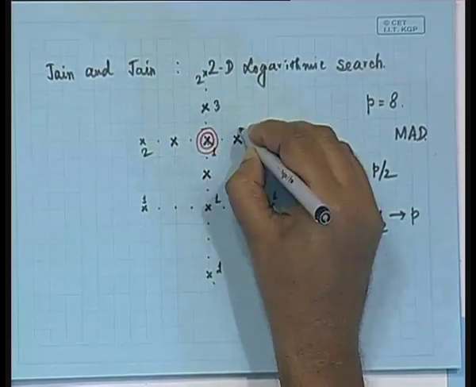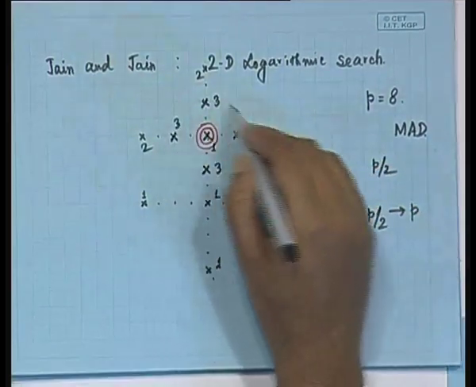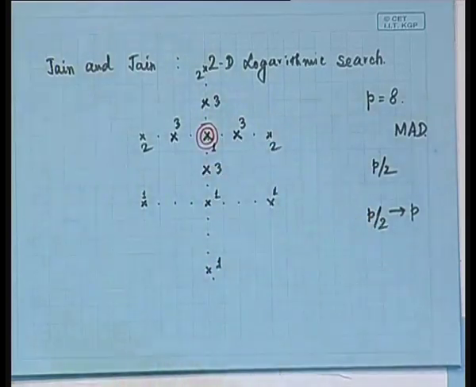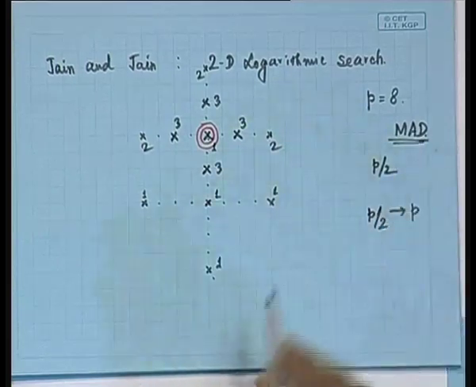So, we mark them with a number 3 written on its side. All these 4 positions written with number 3 on the side are the positions at which we need to compute the MAD matching measure.